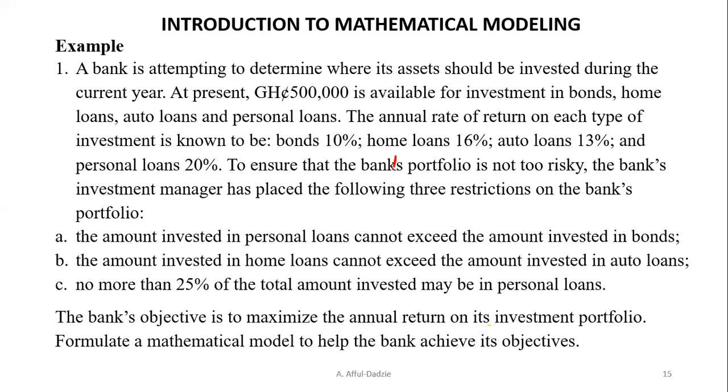Now, to ensure that the bank's portfolio is not too risky, the bank's investment manager has placed the following restrictions. The amount invested in personal loans cannot exceed the amount invested in bonds. The amount invested in home loans cannot exceed the amount invested in auto loans, and no more than 25% of total investment may be in personal loans.